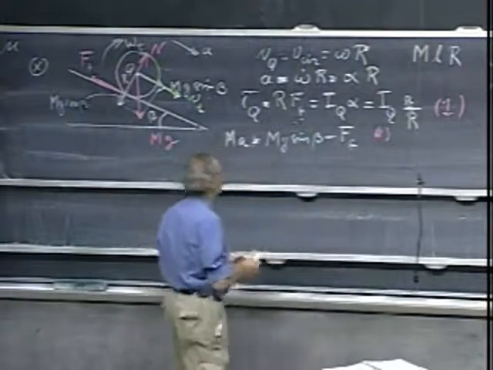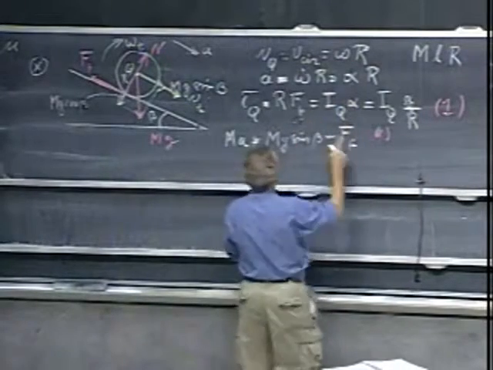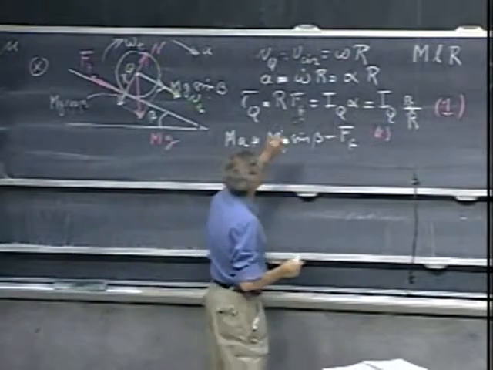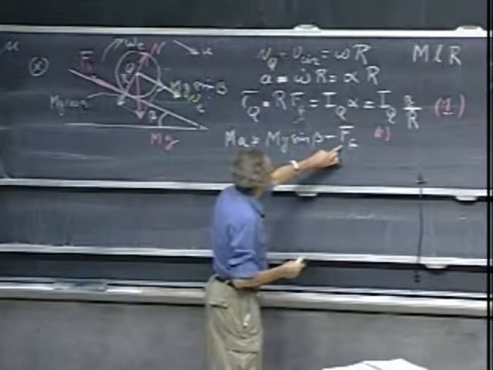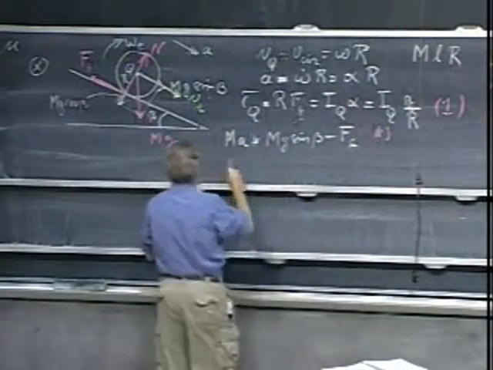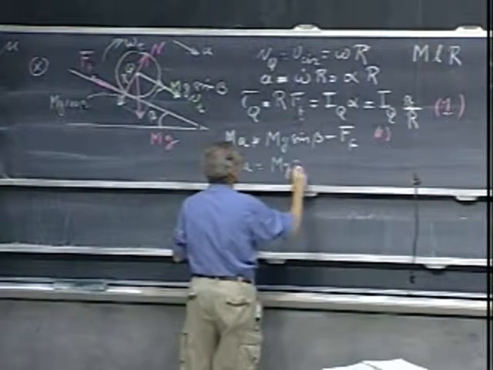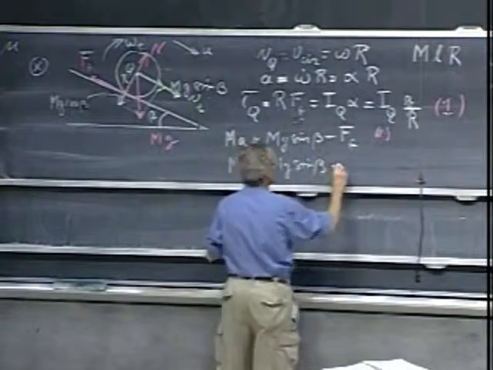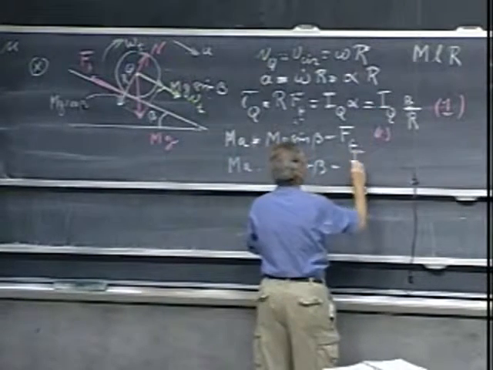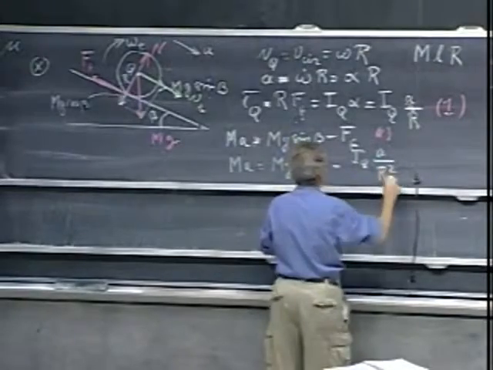Now I have two equations with two unknowns. So I can solve now. I can eliminate ff, and I will substitute for ff in here this quantity divided by r. And so I get ma equals mg sine beta minus moment of inertia about point Q times A divided by r squared.